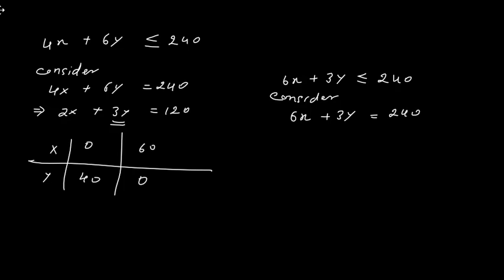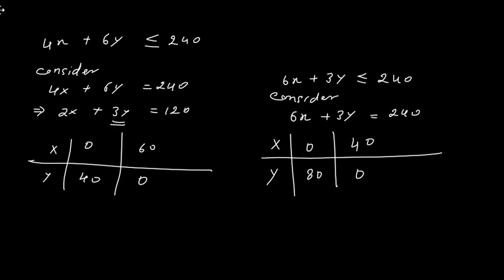Now I have to find the x and y coordinates. When x is 0, 3y is 240, so y is 80. When y is 0, 6x is 240, so x is 240 divided by 6, which is 40. So the points are 0, 80 and 40, 0.